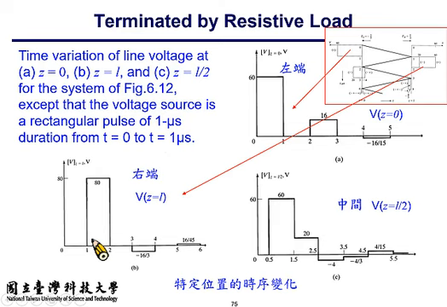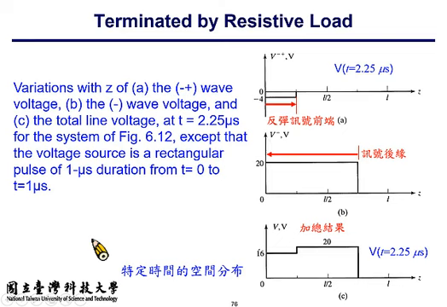And what happens in the steady state? Well, simple, there will be no signal because all the energy is dissipated on the terminating resistor and the source resistor. So eventually, the signal will be absorbed.